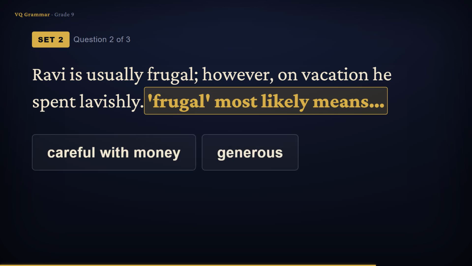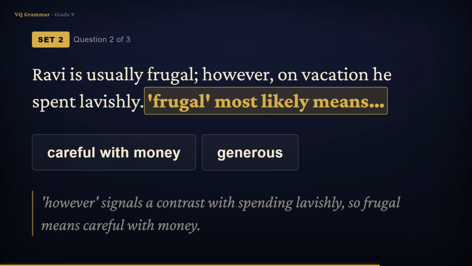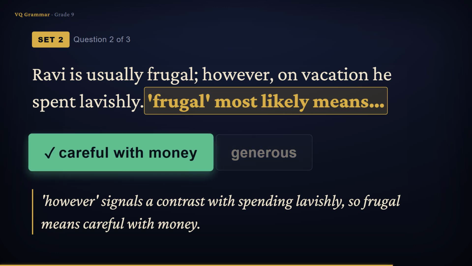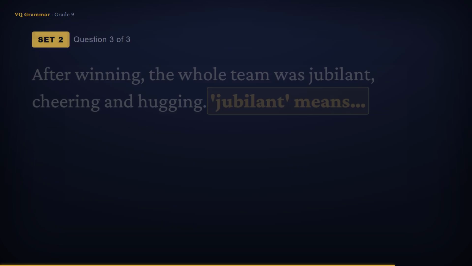Ravi is usually frugal. However, on vacation, he spent lavishly. What does frugal most likely mean? The word however flags a contrast with spending lavishly. The opposite of spending freely is being careful with money. So frugal means careful with money.